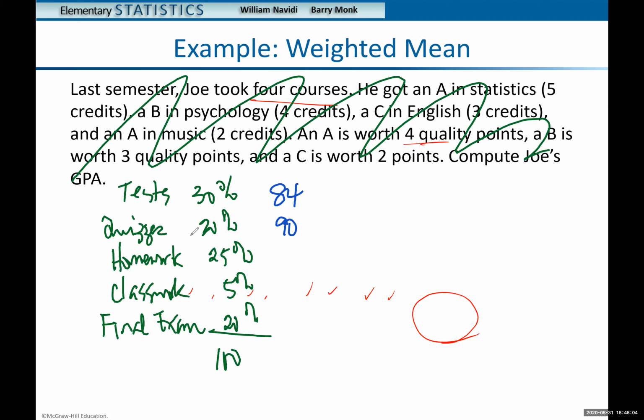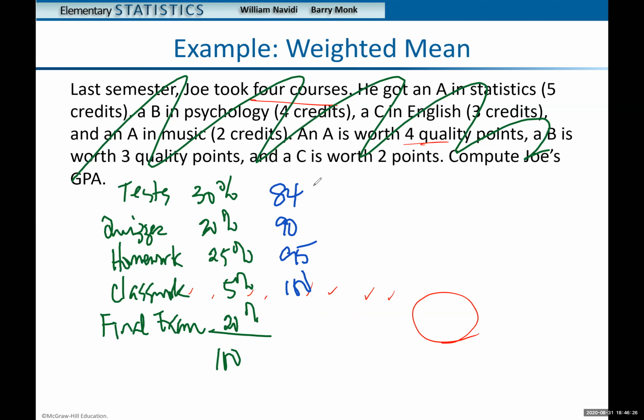That's 25% of your grade. So let's say this is 95. And classwork, I expect all of you to answer all the discussions and to submit all the classwork during class time. So let's say 100. Final exam is on the very last day.